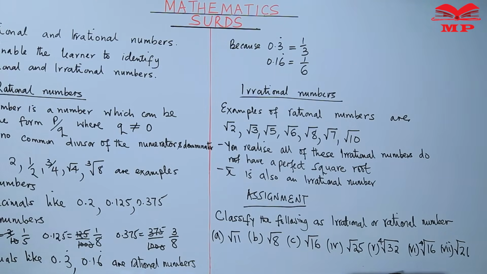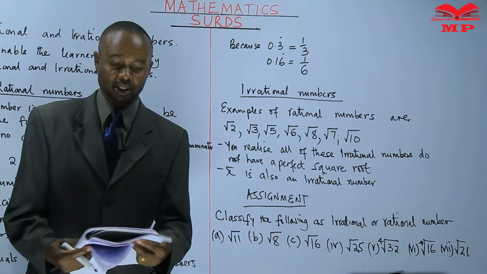Note that where you get a perfect one, a whole number, that will be a rational number. Where you cannot get a whole number, that will be an irrational number.